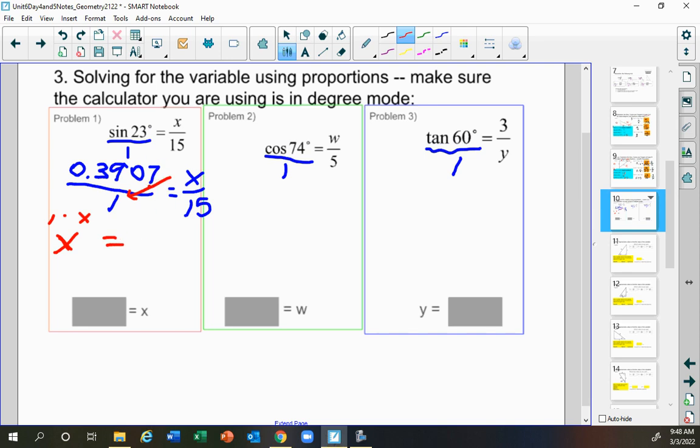What two numbers? 0.3907 times 15. Sorry, it's going to be a little combobulated here. So you're going to multiply those two numbers.